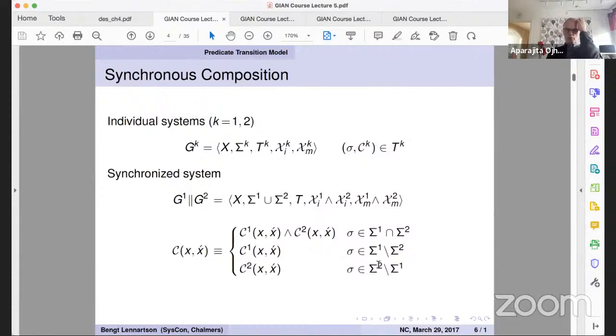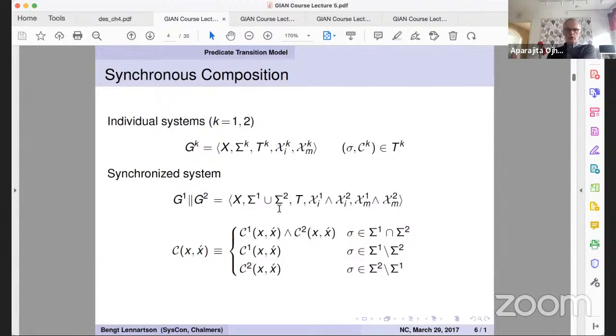So then one interesting thing is that the synchronous composition can also be defined for this type of models in a very, I would say, elegant way. So you just take the AND operator between the initial predicates and the marked predicates.